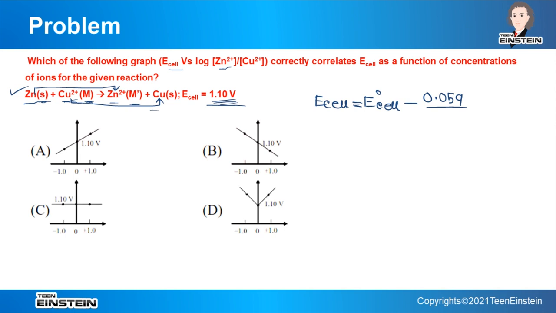So put that number of electrons which you have cancelled. So here it is 2. Then log of product concentration. Now in the product side, we have only Zn2+, because its concentration is 1. Similarly in the reactant side, only Cu2+ will be in the denominator. So log of Zn2+ concentration divided by Cu2+ concentration, okay. Now this value is 1.10.